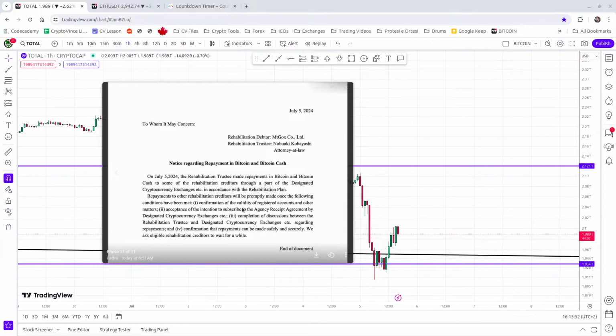Repayments to other rehabilitation creditors will be promptly made once the following conditions have been met, blah blah blah. So this massive drop could have been also from this news. If you think, guys, these guys are receiving so much money. I mean, someone became a millionaire probably. They want to exit the market and go vacation forever.